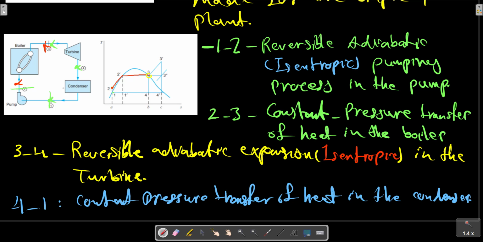As mentioned earlier, the Rankine cycle also includes the possibility of superheating the vapor. Let me provide the picture for the possibility of superheated.